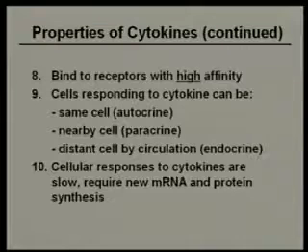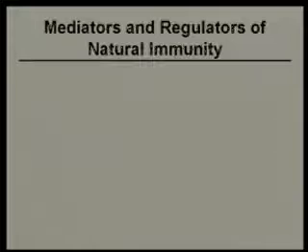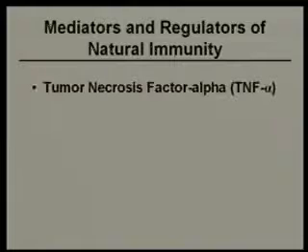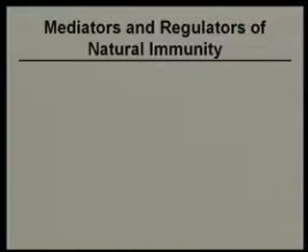Here, the cellular responses to cytokines are typically slow and require new RNA protein synthesis. That's pretty much the case. There are some exceptions to this rule. Now again, as we first mentioned, the cytokines can have an effect on both the natural or the innate immune response as well as the acquired immune response.